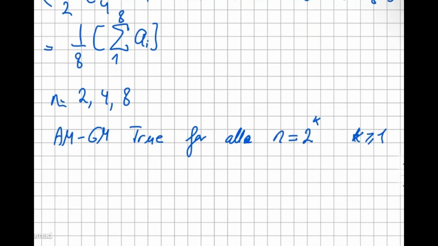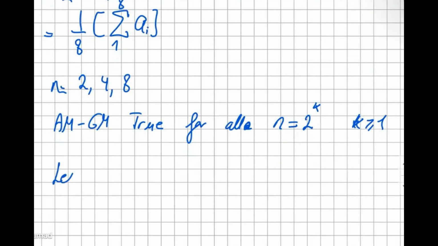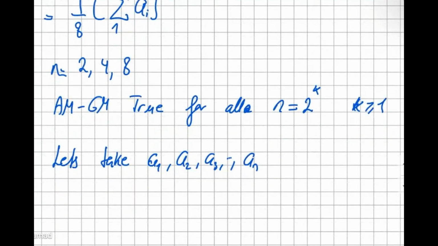Okay, so what we want to do now is to show this also for the gaps between these 2 to the power of k. So let's take general real numbers. Now we need to show this inequality for all n.